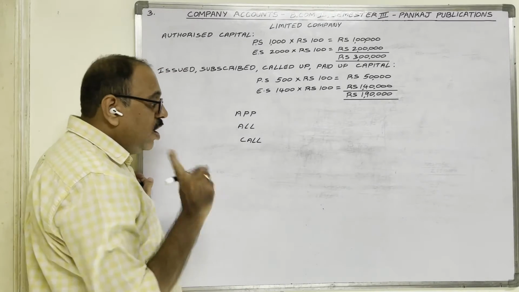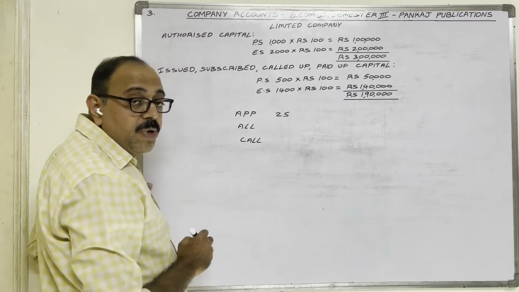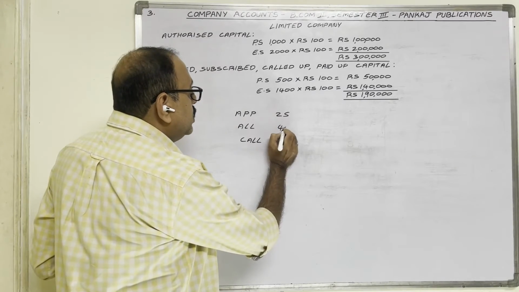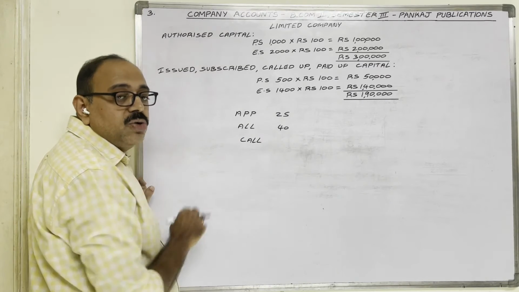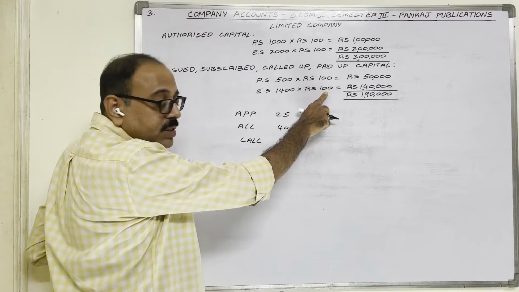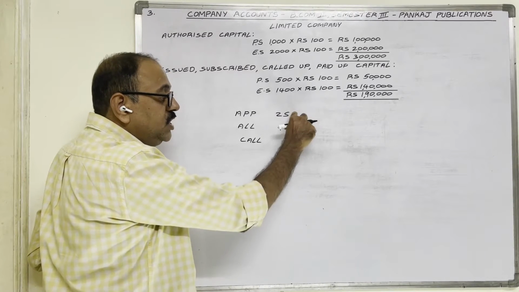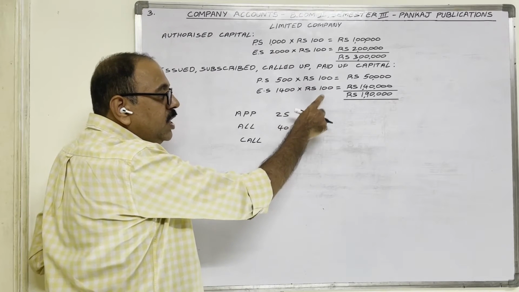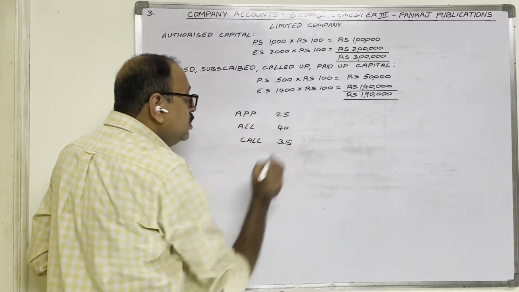Application money on one share is 25 rupees. Allotment money is 40 rupees. The remaining amount the company wants to collect in the form of call. The total value, one share price, is 100. If you remove 25 and 40, that is 65, then the remaining amount is 100 rupees minus 65 rupees, 35 rupees.